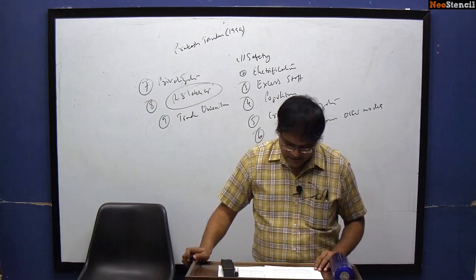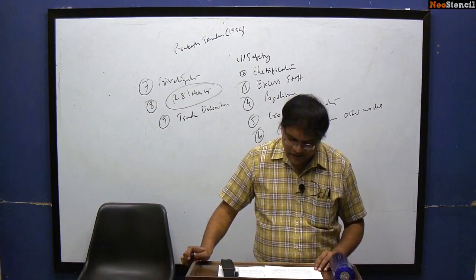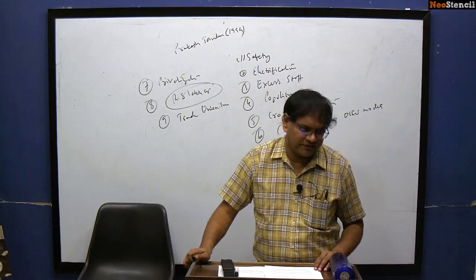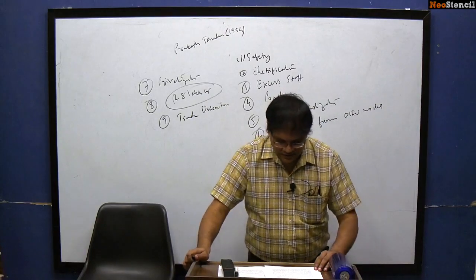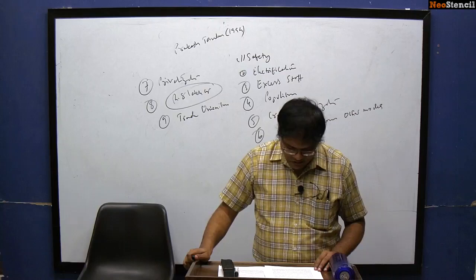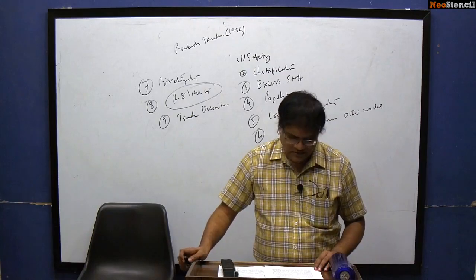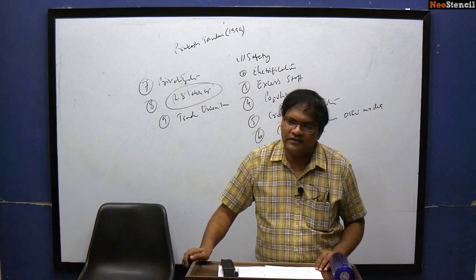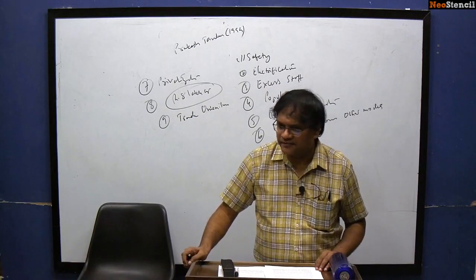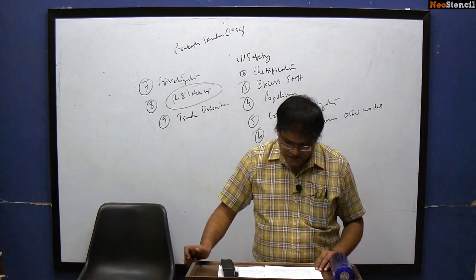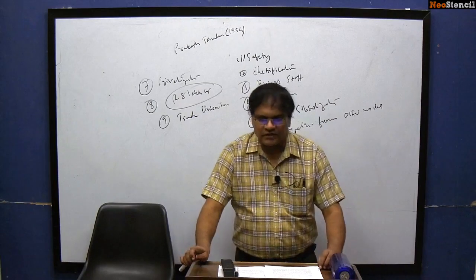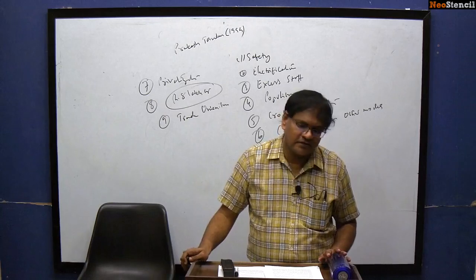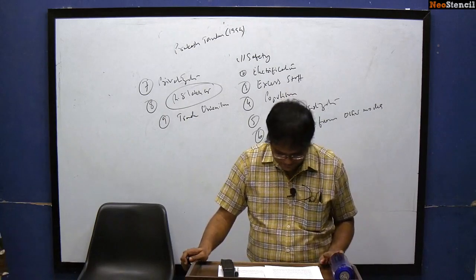Third is separation of core functions from non-core functions. Core functions means rail operations. Non-core functions means running hospitals, schools, railway production force, all these things.